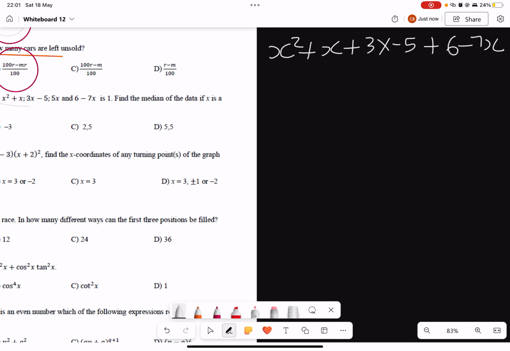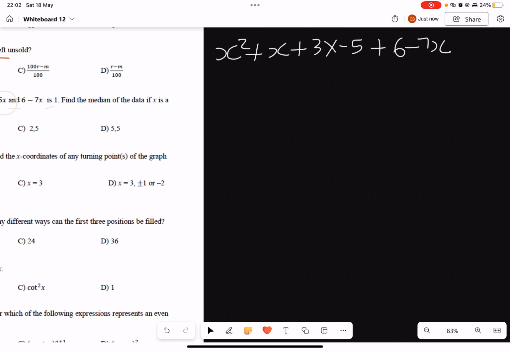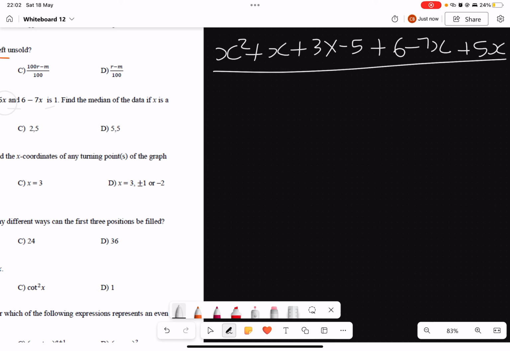How many data are there? So it's 1, 2, 3, 4. Okay, I skipped the 5x, so I need to add it as well. Plus 5x all over 4. Remember the mean, we divide by the total number of items added.